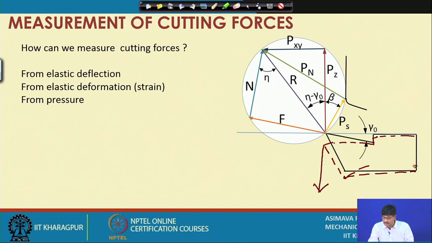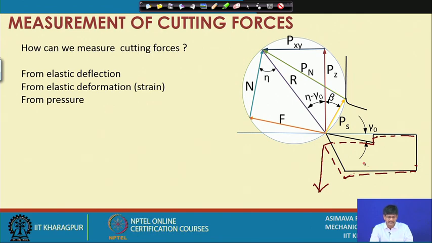This line is not supposed to be here. So, it deflects as a cantilever beam, and from the deflections we can find out the forces if they are within proportional limit. Elastic deflections can be measured, and from that the force can be estimated.